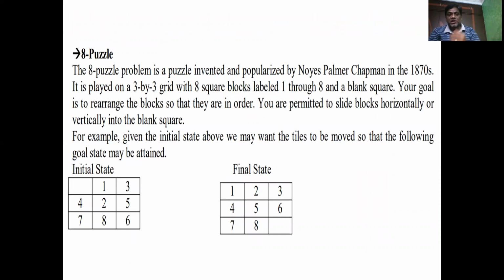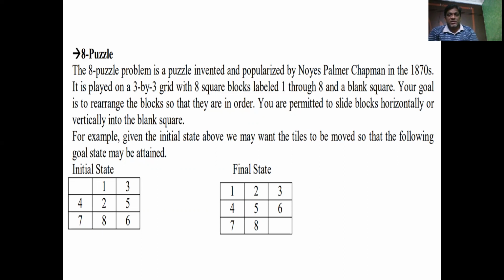Similarly, we can see another problem here, the 8 puzzle problem, where a 3x3 grid will be given with 8 square blocks labeled 1 to 8, and 1 block will be left empty, a blank square. The goal is to rearrange the blocks so that all the blocks are in order.